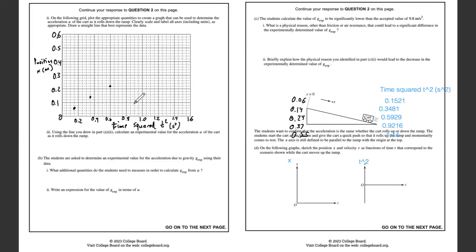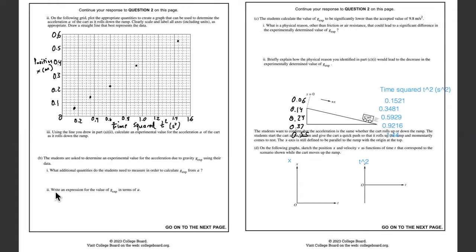And you go up to 0.37. All right, we're starting to get into some bad data points here. And then 1.44 is close to 1.45, and we would go all the way up to 0.55. So about right there.